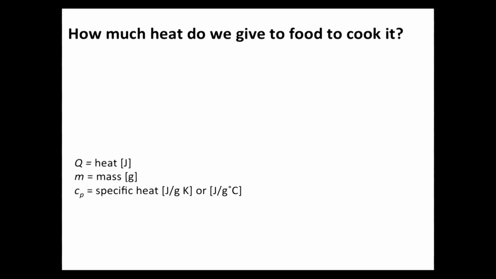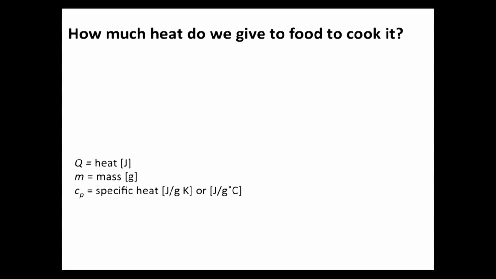And then I would say, well, it kind of depends on what kind of food it is. Let's say you're cooking pasta, or let's say you're just cooking a marshmallow. They have very different textures, so maybe you have to add different amounts of heat to the food to make it cooked. And for that, in science, we have something called the specific heat, which is CP. See, you'll get tired doing this.